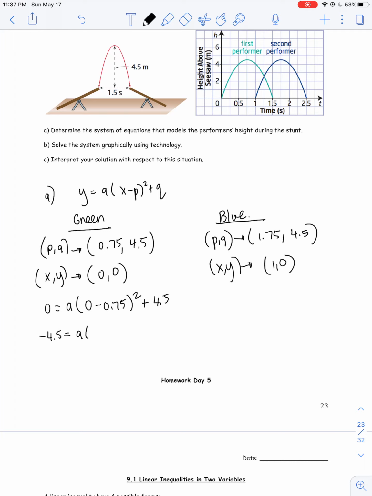Then we put that squared into our calculator, 0 minus 0.75, so that would be negative 0.75 squared. We know that that's 0.5625. Divide both sides by that number to get a by itself, so we're trying to get that stretch. And the a value is negative 8.